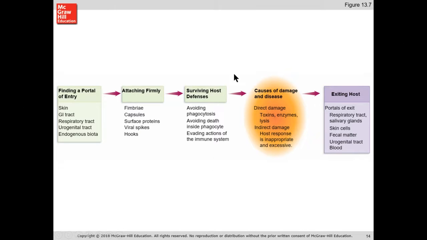And then they have to survive the host defenses. So they've got it really rough. First they have to get in, then they have to attach or stick around somehow, and then they have to evade the immune system. Avoid all the phagocytizers. And then they will cause some damage in us. And so it can be direct damage through releasing toxins, enzymes, or causing lysis of our tissues.